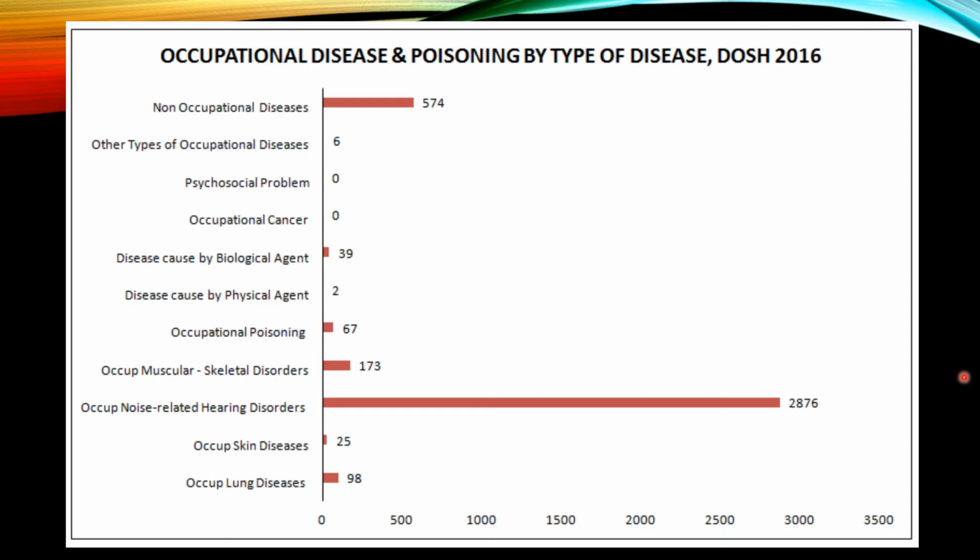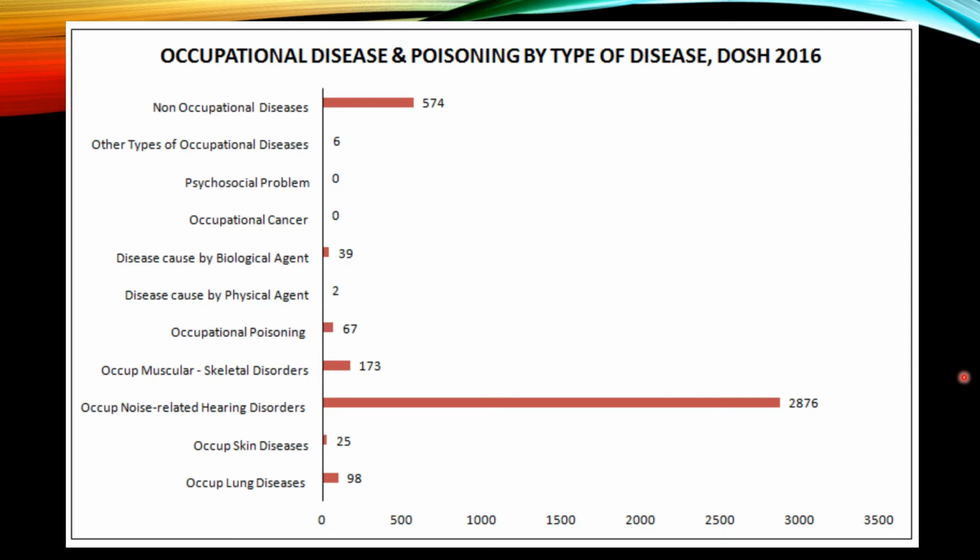The answer is, while we cannot deny that there are many noisy workplaces in Malaysia, one reason why occupational noise related hearing disorders continue to be among the highest each year is because it's also one of the easiest occupational related disorders to detect.